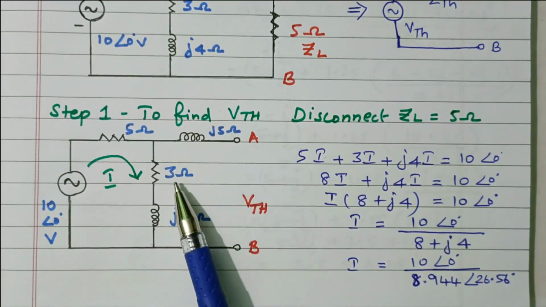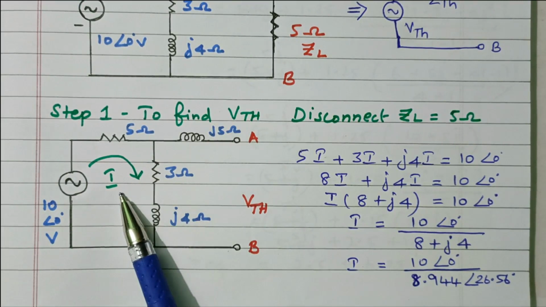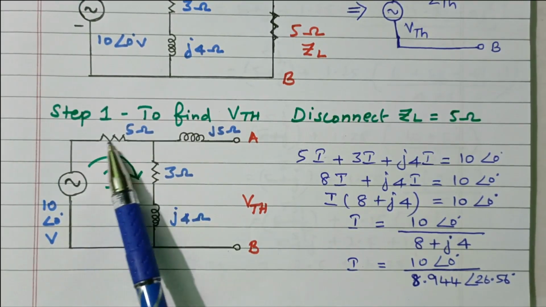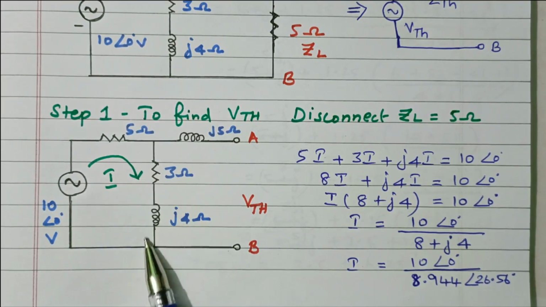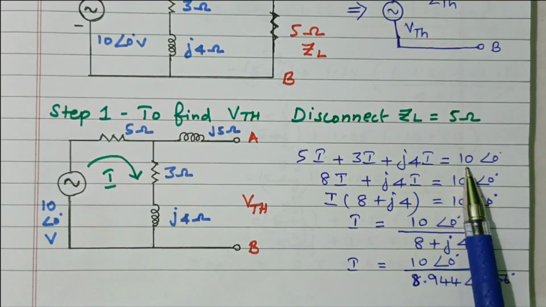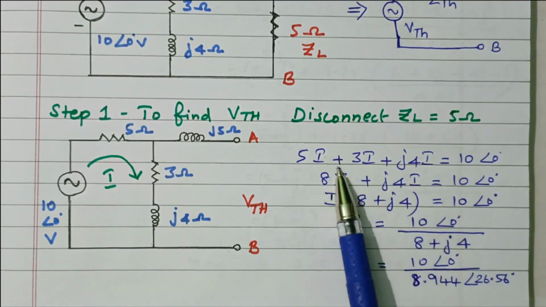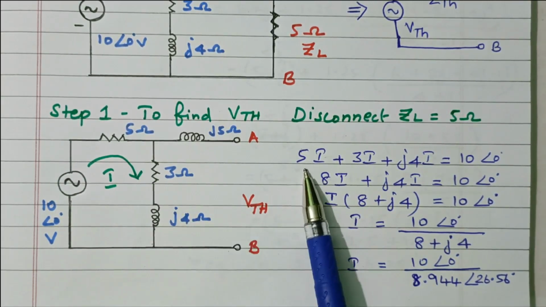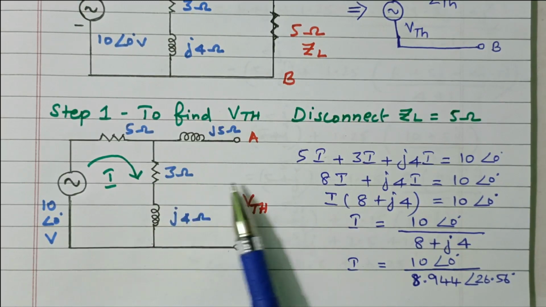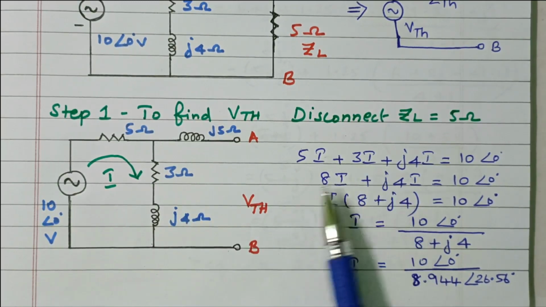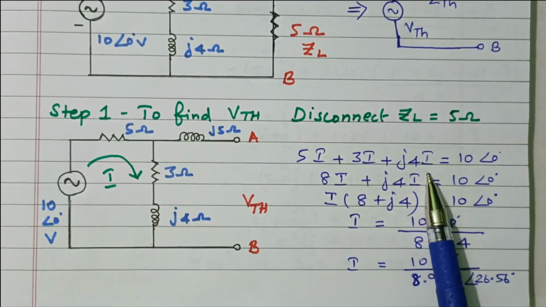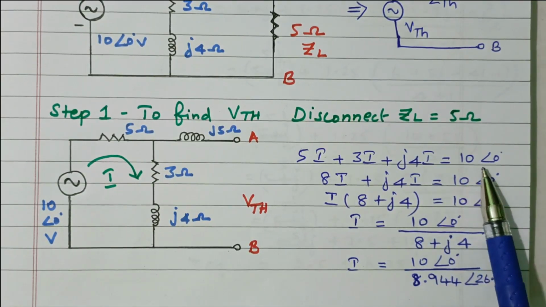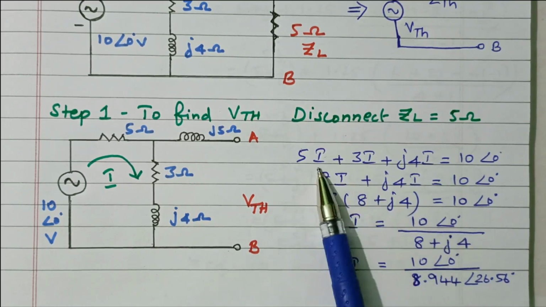V equals 3 plus J4 into I. So we are going to calculate the current in the closed loop. In the closed loop, the applied voltage, 10 volts, equals the voltage drops: 5 into I, 3 into I, plus J into 4 into I. According to KVL, Kirchhoff's voltage law, applied voltage equals voltage drop.